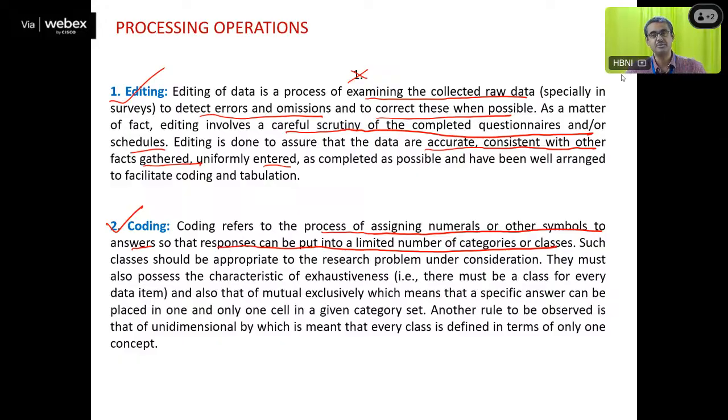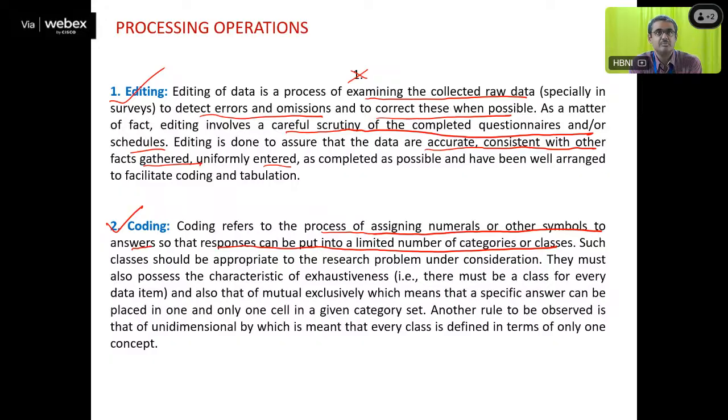Now you have the data, you sit down, you first edit it to remove any unrealistic data, detect errors and omissions, correct any incorrect data you have generated wherever possible, and then you start coding it.